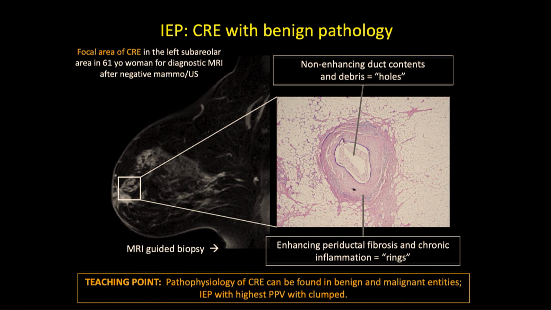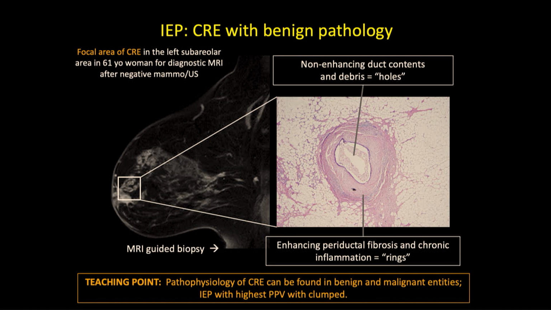These elements don't enhance, but there are rings around them, and this is going to be periductal fibrosis, chronic inflammation, or the DCIS that's going to be enhancing. This example is a focal area of clustered ring enhancement in the left subareolar region. This is a 61-year-old who came in with a painful palpable area. Her mammogram and ultrasound were negative, and that's why we did a diagnostic MRI.